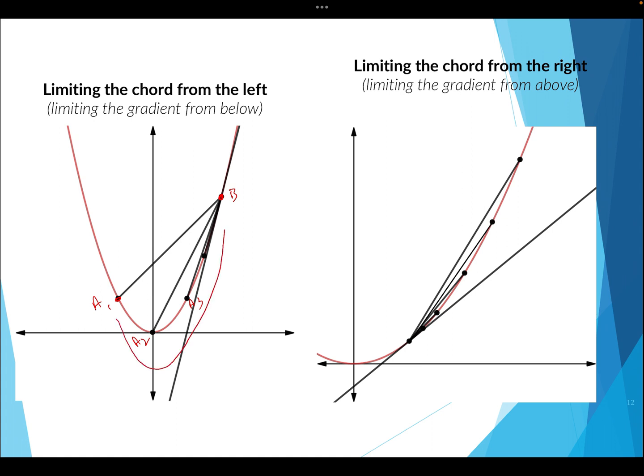We are moving from the left until A_n, which is really close to B. Whereas we could start off with another point. If this is point B, we move from here, limiting the gradient from above. We move down until we are as close to B as possible. So it really doesn't matter if we move from the left or from the right.